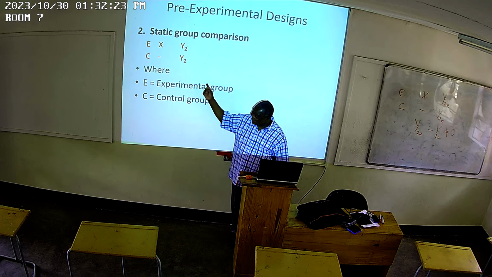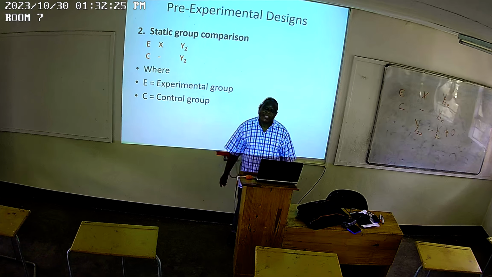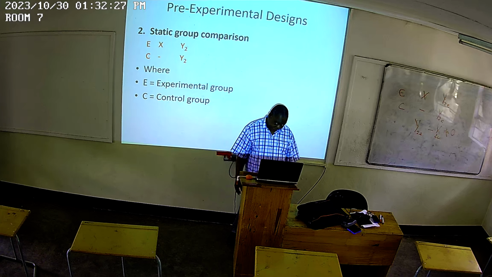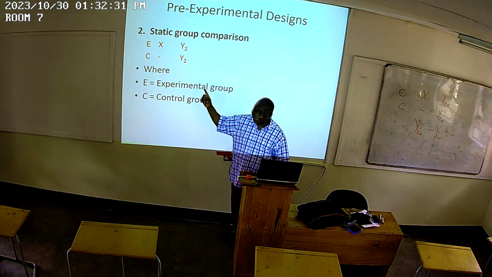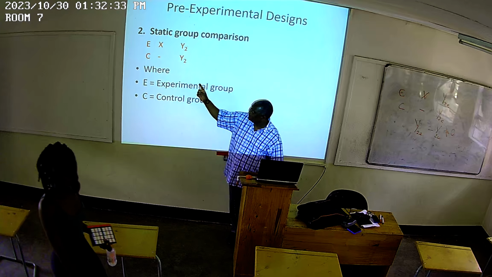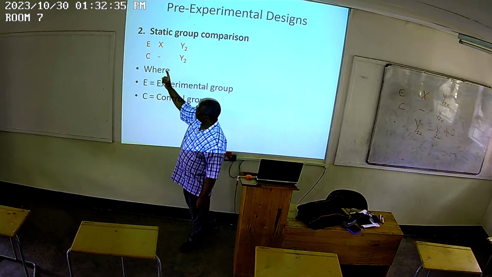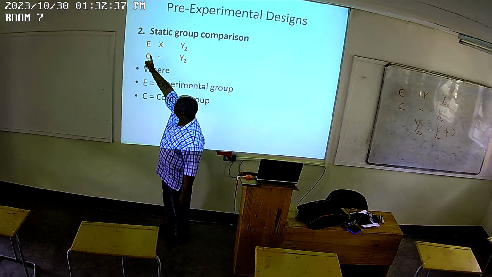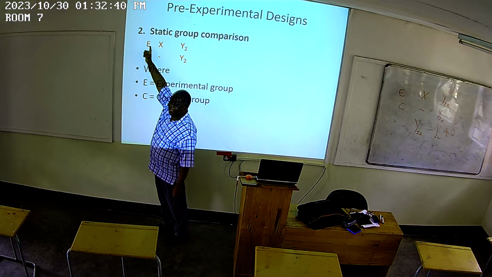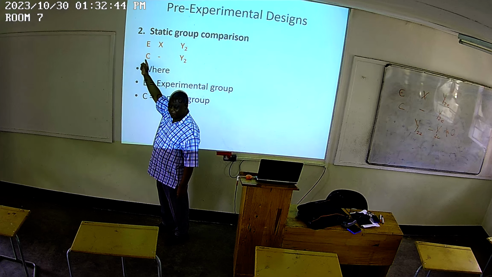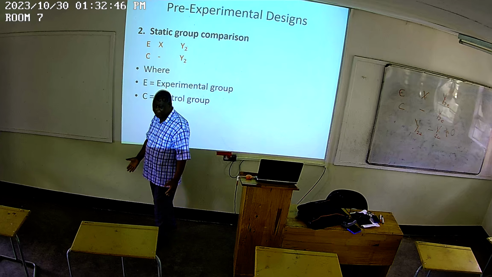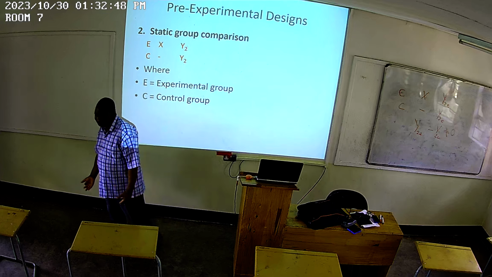The design itself has challenges. One challenge is that at the time you were assigning one group to the principal and the other group control, you did not measure whether there is any difference between them.